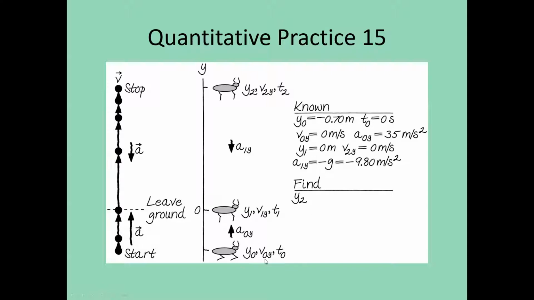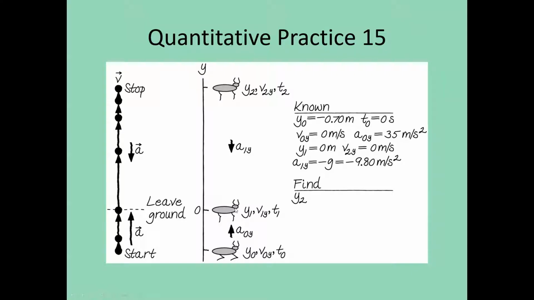V naught is when he's crouched down accordingly. And A naught is when he is accelerating upward. After he's done accelerating and is about to leave the ground, he is now in position Y1. He is going at a velocity V1, and the time at that point is T1. So this whole process of him accelerating to get off the ground is the first part of the problem.